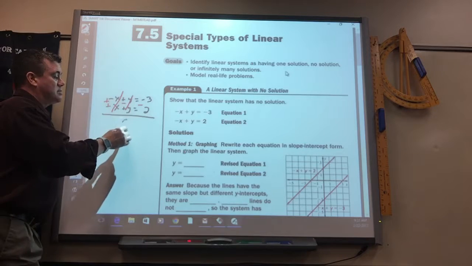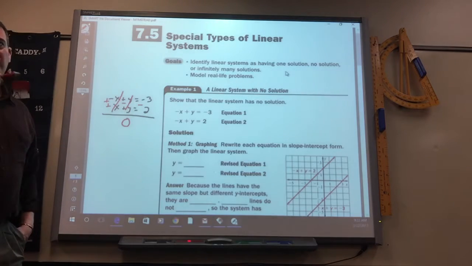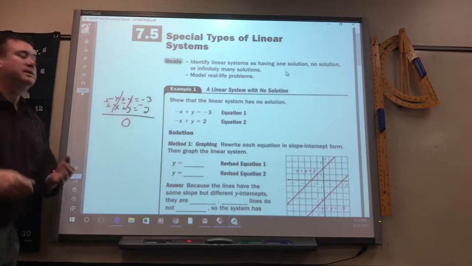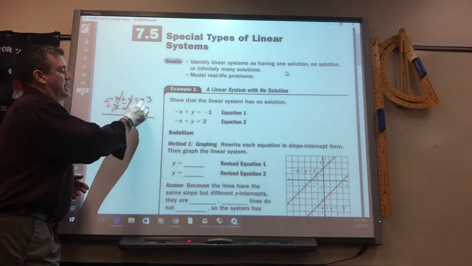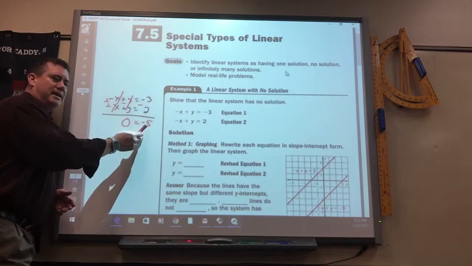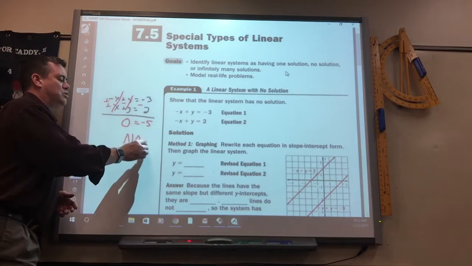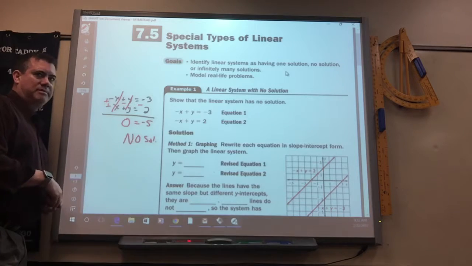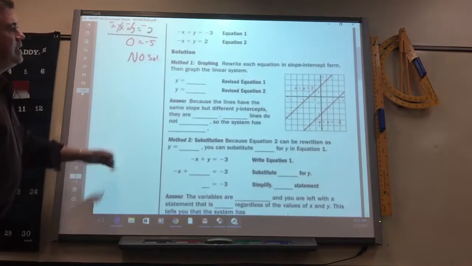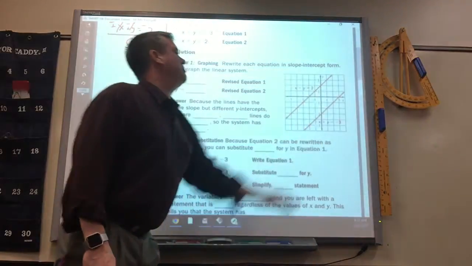So both the x's and y's cancel. If that ever happens, it's either going to be no solution or many solutions. So when you do the other side, negative 3 take away 2 is negative 5. 0 does not equal negative 5, so that's a no solution. Okay? And again, you can see if you graphed them, they'd be parallel.